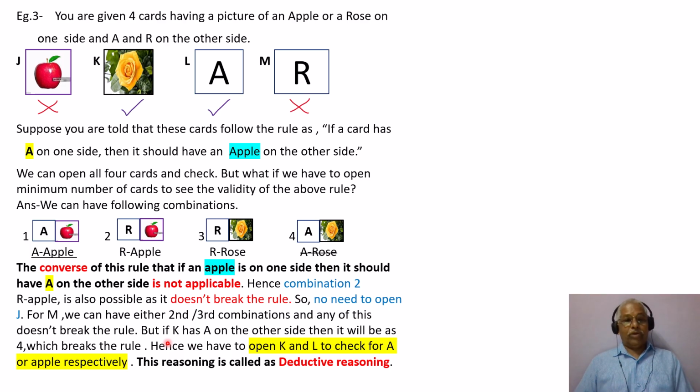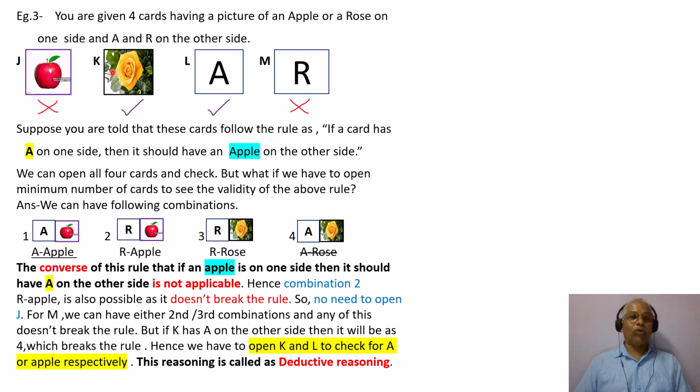So see, if K means this, has A on the other side, then it will be as 4. Okay, rose A. Okay, which breaks the rule. Okay, and if this has rose on the other side, then again breaks the rule.